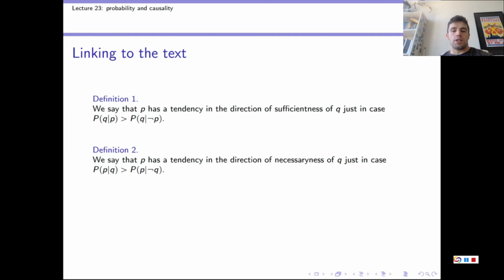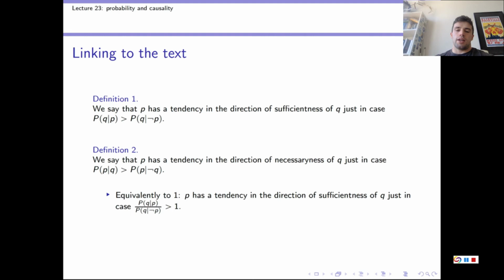Now, the first thing to notice is that we can divide both sides of the first inequality, so in definition 1, by P of Q given not P. If we do that, we obtain, equivalently to definition 1, P has a tendency in the direction of sufficientness of Q just in case the probability of Q given P over the probability of Q given not P is greater than 1.